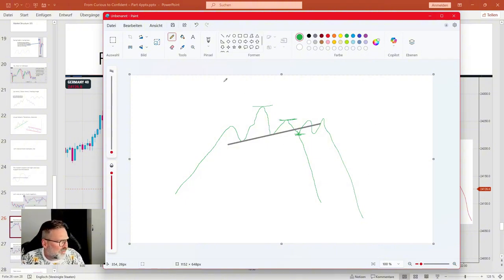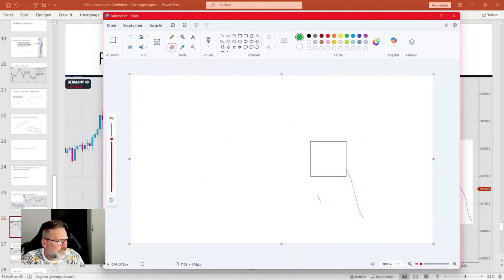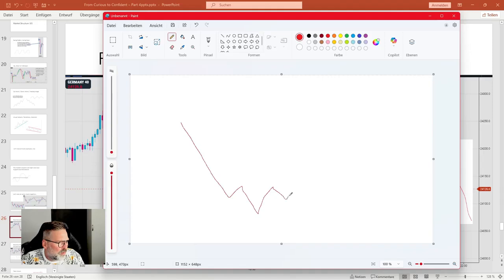Real life examples. An inverse head and shoulders is basically the reversal of a bear trend. Left shoulder, head, right shoulder. So now it's more symmetrical. Let's draw the neckline, which would be here. Actually here.